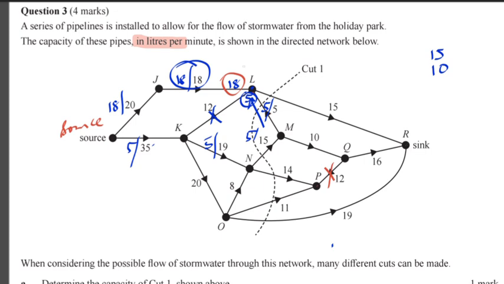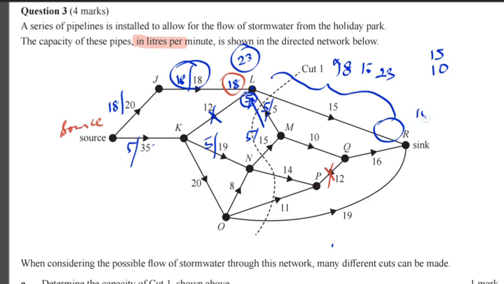So the inflow at this point is 23. So if we increased this by 8 to 23, definitely that would have increased this value over here, which was initially 15, to 23, and increase the flow.